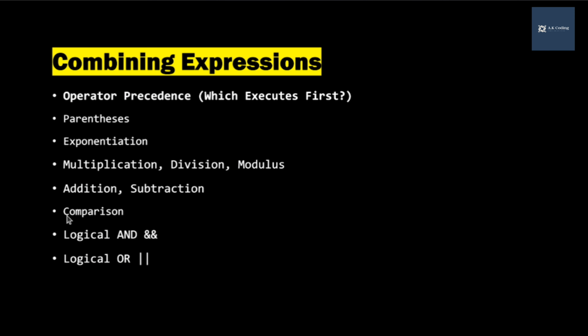The next one is addition and subtraction. While we are using addition and subtraction, as you know, the order doesn't matter much. So it does the addition first and then subtraction.